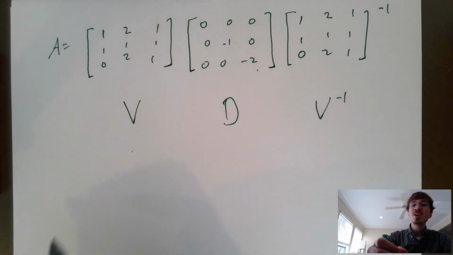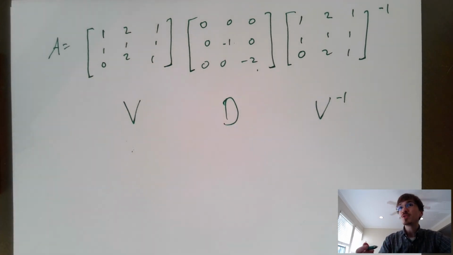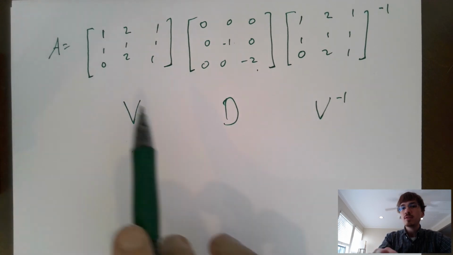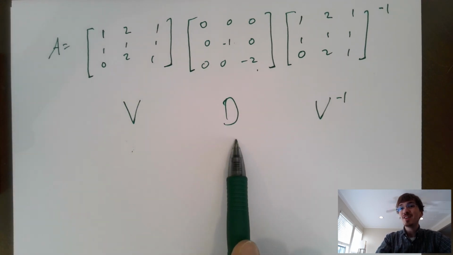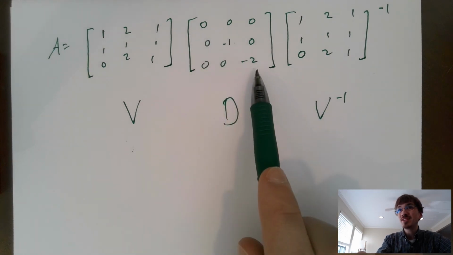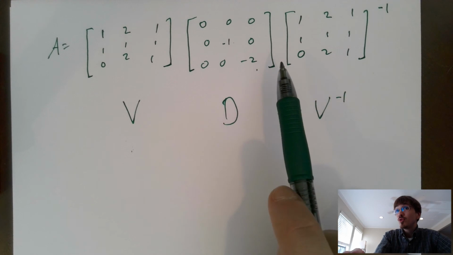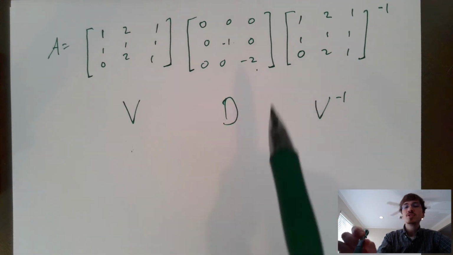Yeah, who cares? We know that A and D will, of course, have the same determinant. And what's the determinant of A? Well, it's the determinant of D. And what's the determinant of this diagonal matrix? It's a product of the eigenvalues. And we've proven that before, right? So that's kind of interesting.